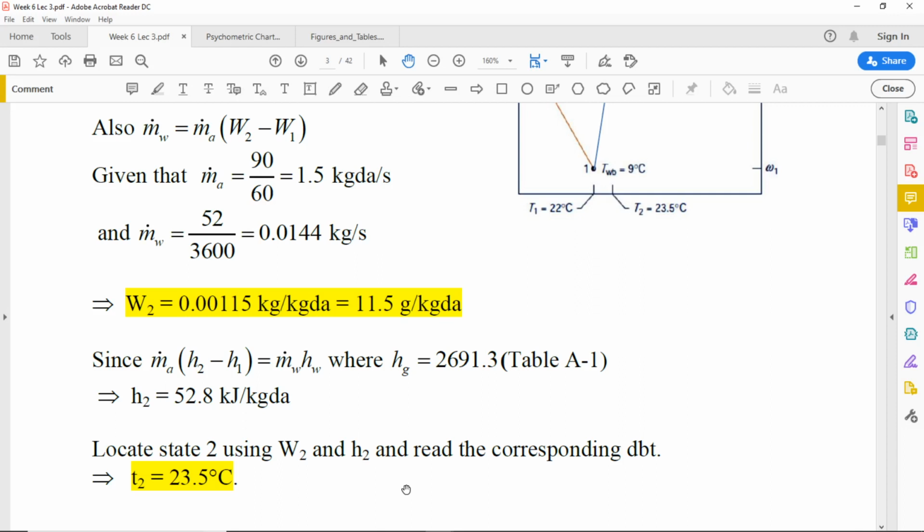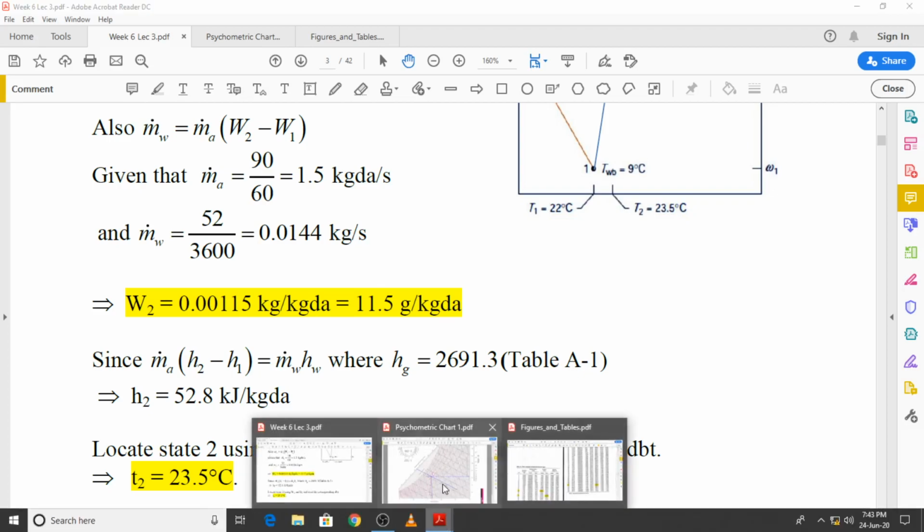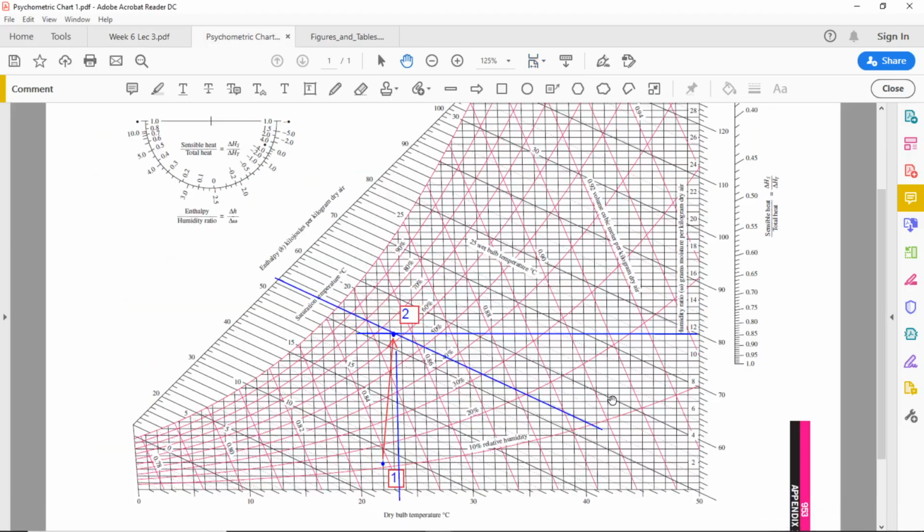I told you that we can also use the protractor to solve this problem, and to do that I will once again go back to the psychrometric chart and go back to that step where we had found out W2.